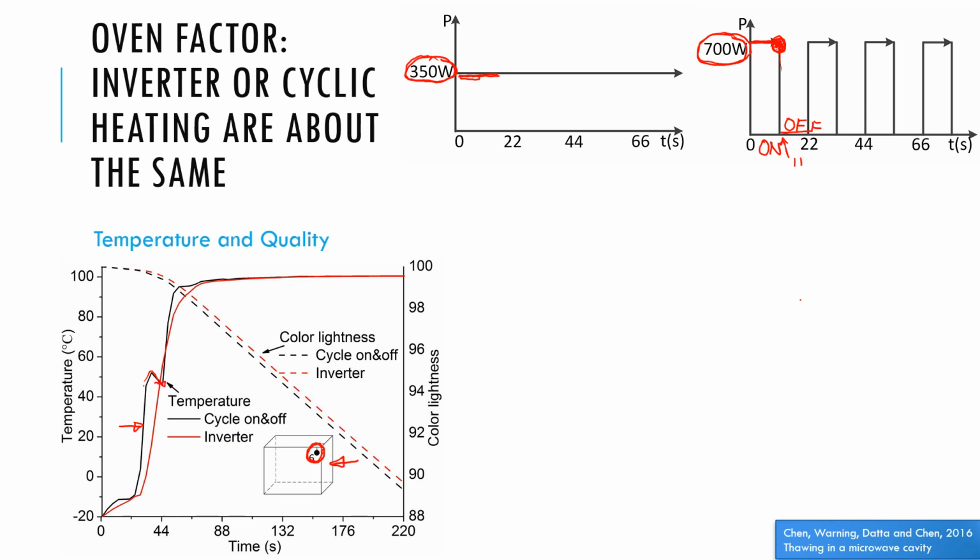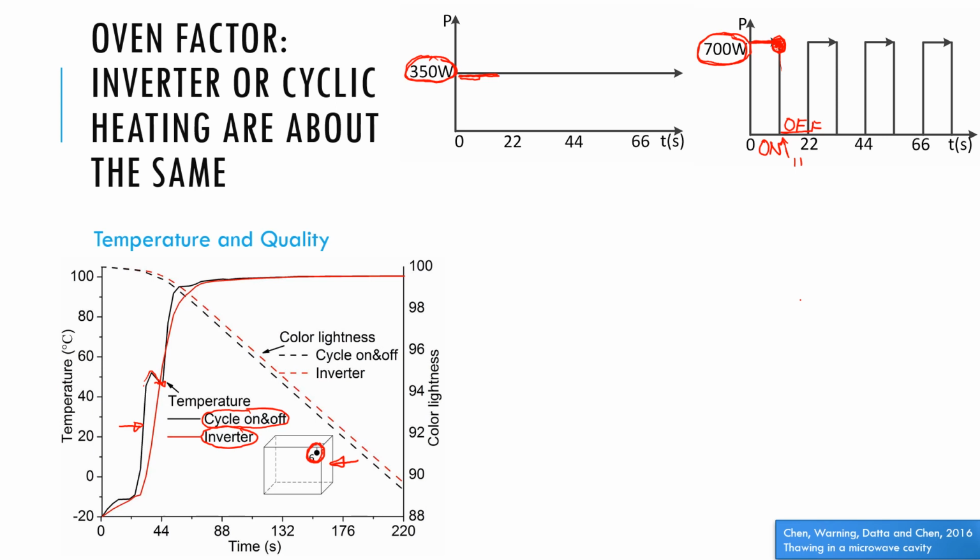So you can see these irregularities in the temperature rise for the black one because it's for cycling on and off. But the red one is more smooth, and that's where we have the continuous heating, and one company refers to it as inverter heating. That's why we have the word inverter there.